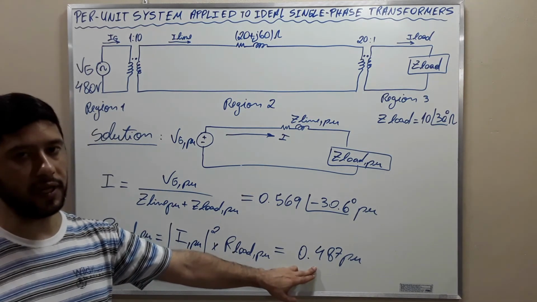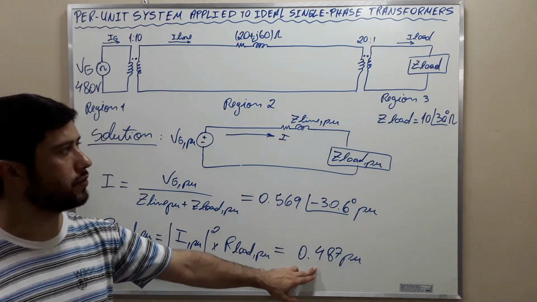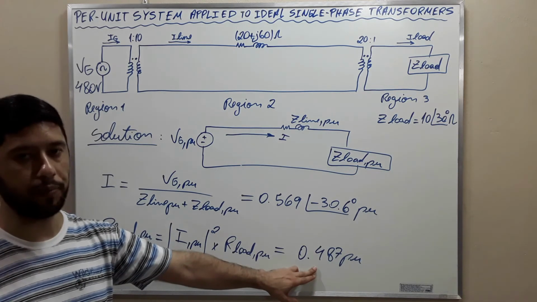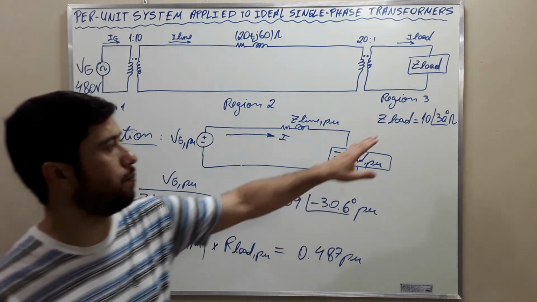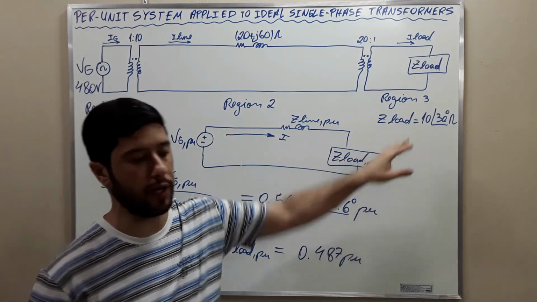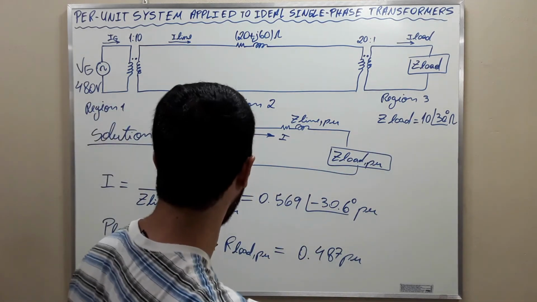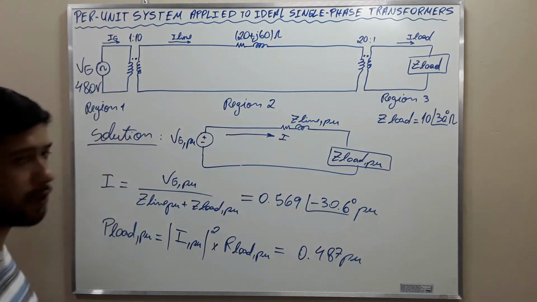To convert again from per unit to the actual value of the power in watts, we need to use the base value for region 3. And how do we do it? I'm going to show you.